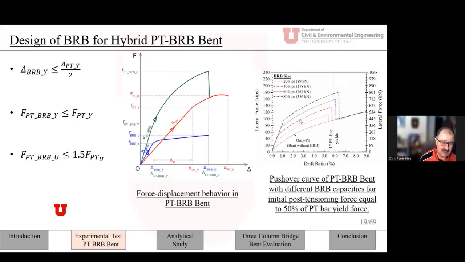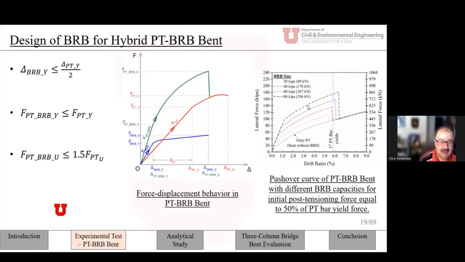But then once the BRB fractures, it will drop back down to the post-tensioned bent without the BRB. So you have to be careful here how you design it. And we were trying to develop some criteria. In the end, you don't want it to be very strong, but you also want it to be strong enough so it does some benefit.